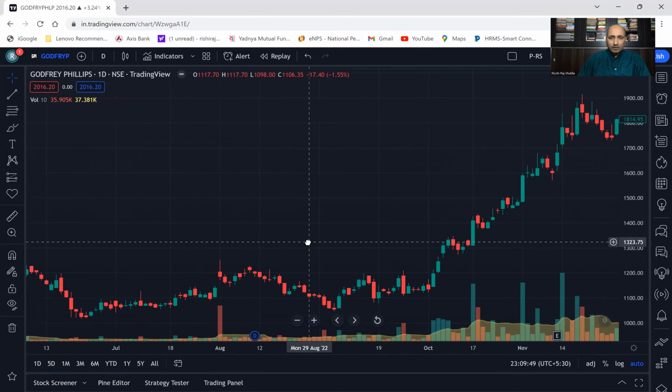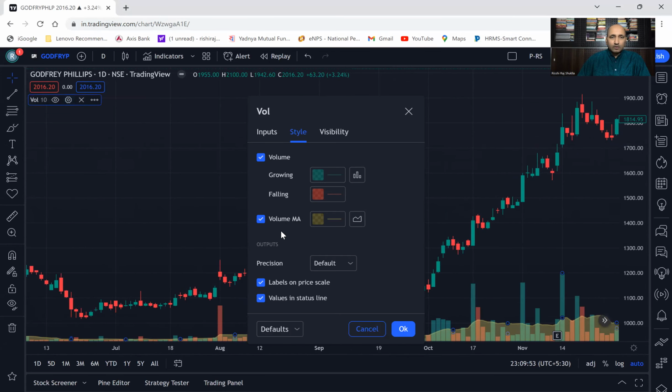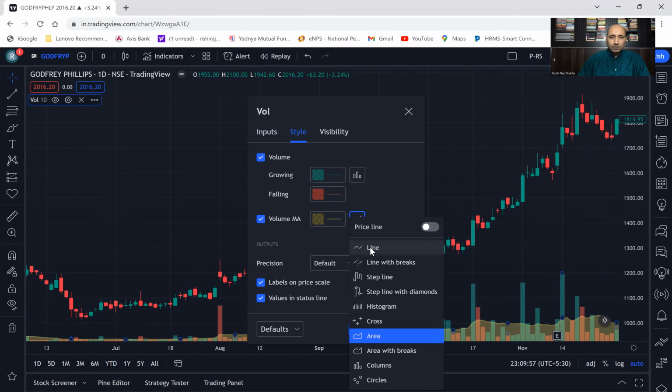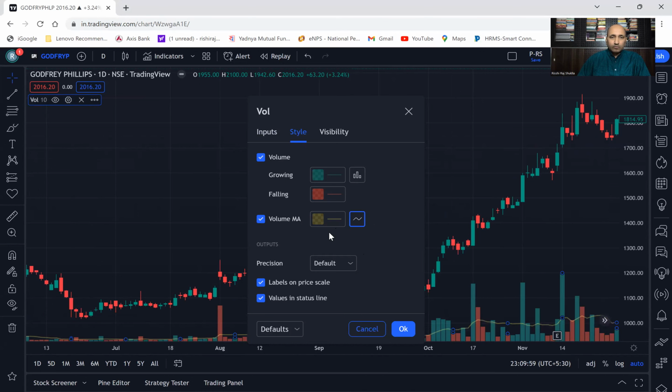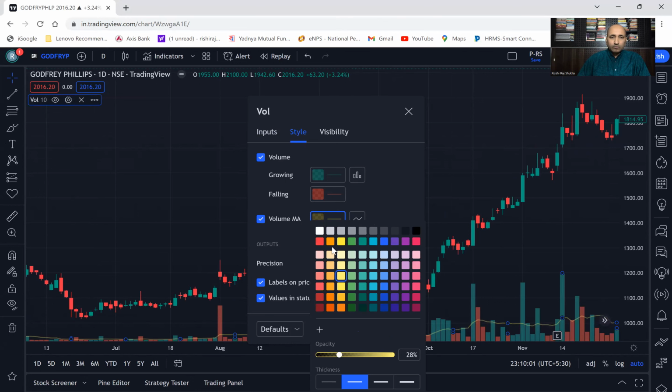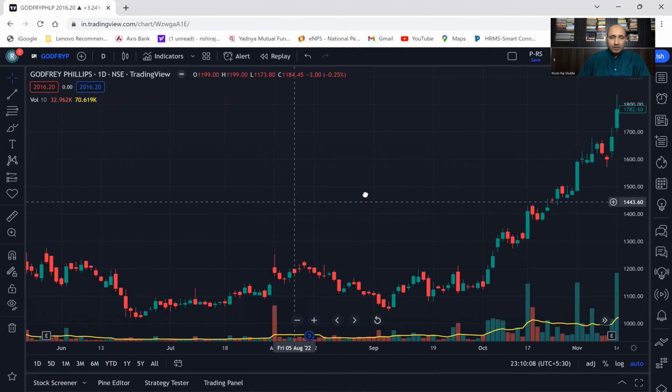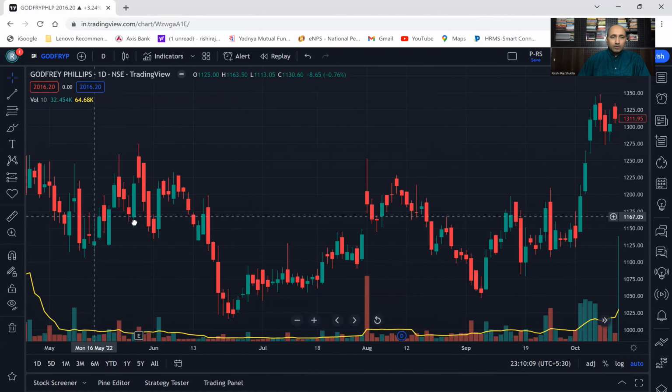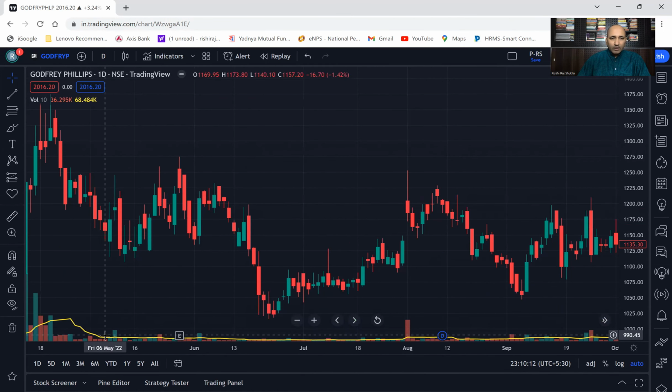We can see here there is very little volume up to this point, this line, and the market is moving sideways.